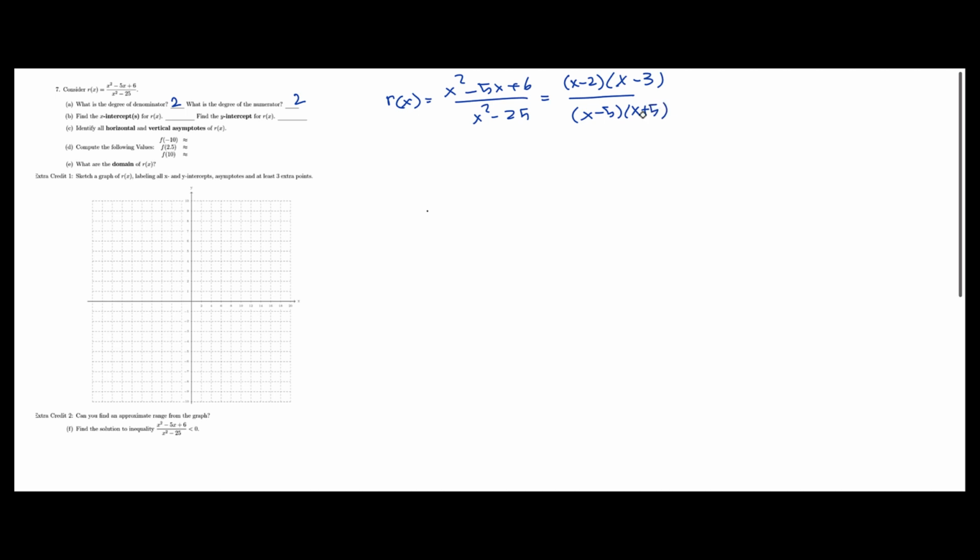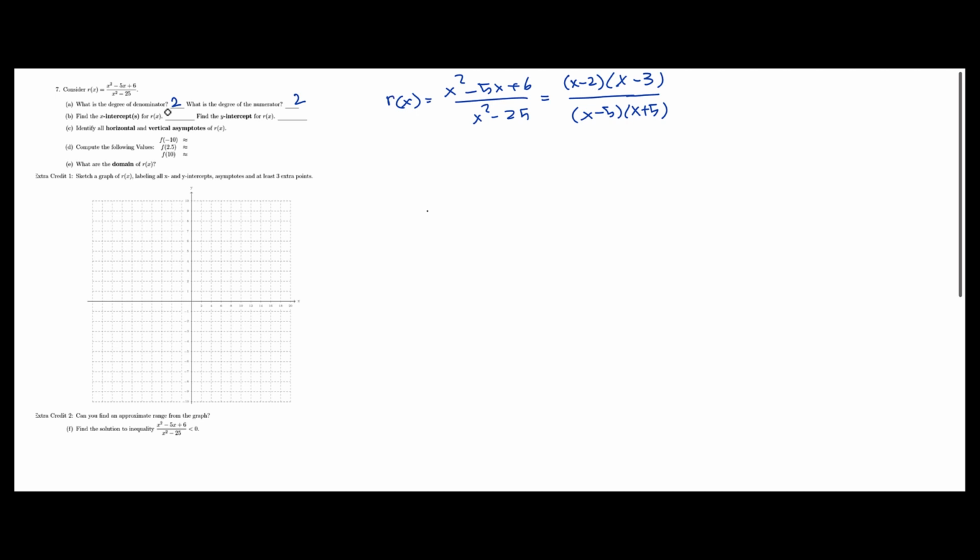Here I can see that basically the zeros of the numerator and denominator are different, so this is the most simplified form. Now, zeros of the numerator are going to give me zeros of the function. Those are going to be the x-intercepts.